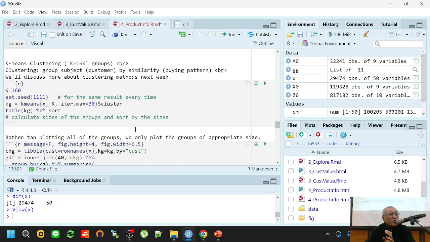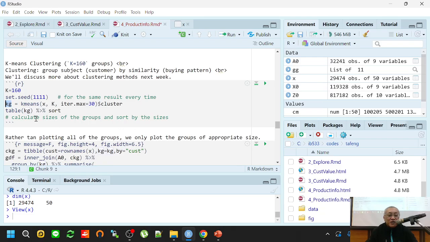So far you just need to know that with this simple function, you can group customers by similar buying pattern into K groups. And it will generate a vector actually.